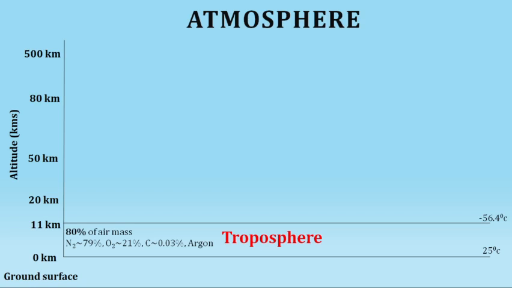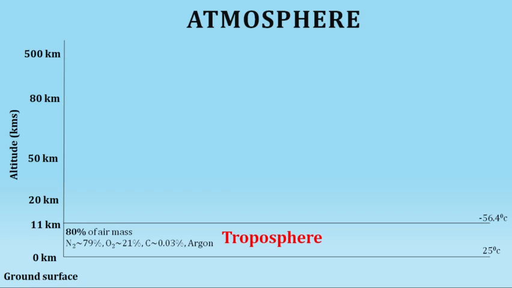So on average, if you measure temperature on the topmost region of the troposphere, it gets reduced to minus 56.4 degrees Celsius. So that is the range of temperature in the troposphere, from 25 degrees Celsius to minus 56.4 degrees Celsius.